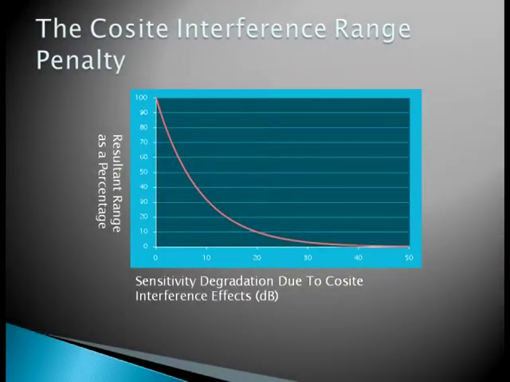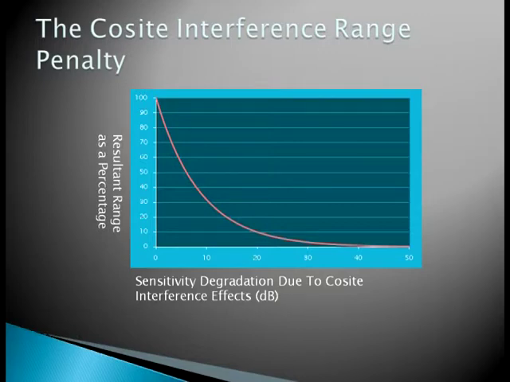Setting aside the potential issue of relay regeneration, what is the effect of uplink receiver desensitization due to Cosite interference to the communications range of the radio relay? Assuming an inverse square law relationship between received power and distance, this chart shows the remaining range for a communications relay designed around the uplink receiver's specified sensitivity following the receiver's sensitivity degradation due to Cosite interference effects.